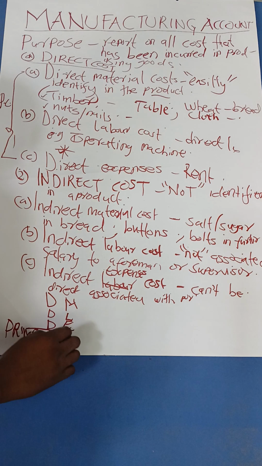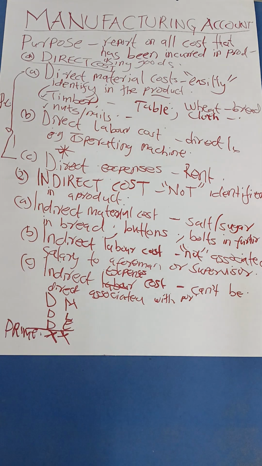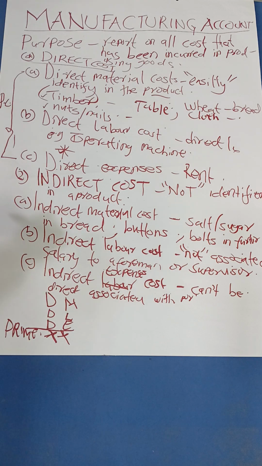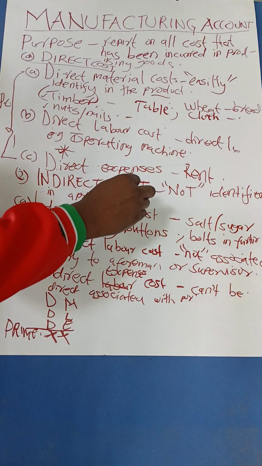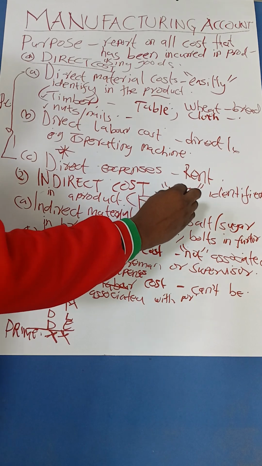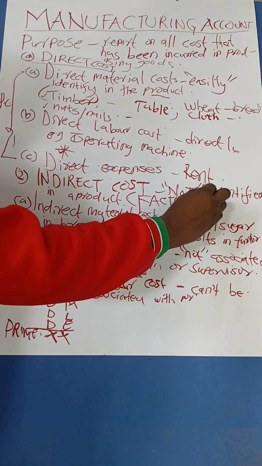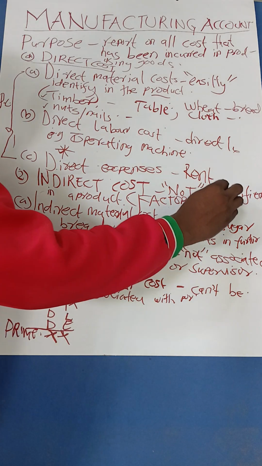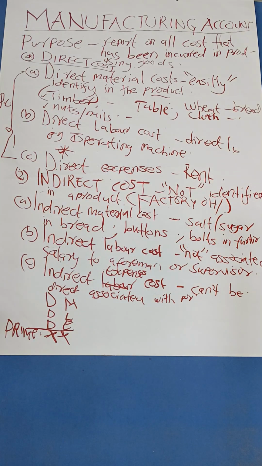Good. Then on the prime cost, if you add the overheads, because this indirect cost we call factory overheads. When you hear somebody mentioning factory overheads, these are just indirect expenses incurred in a factory or in a manufacturing company.